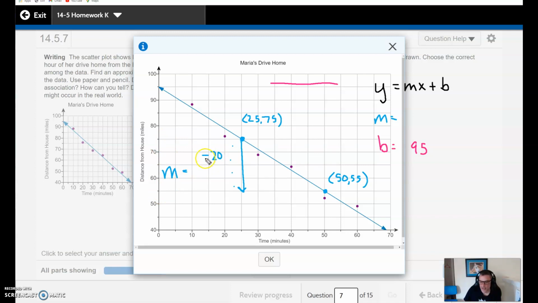It's negative because I went down. So my rise is negative 20. Sorry, my phone's blowing up. What is the run? Let's check. We're still going by 5s. So 5, 10, 15, 20, 25.